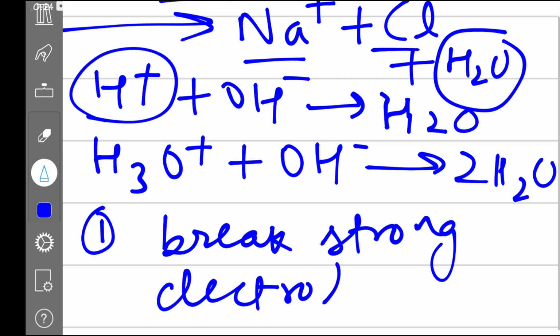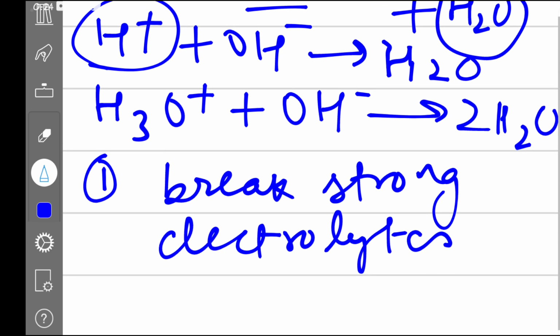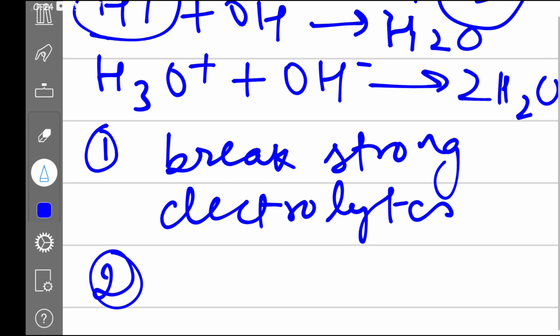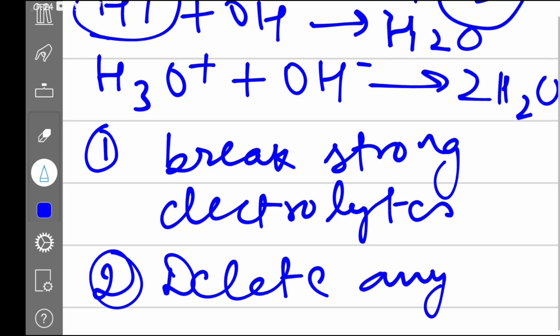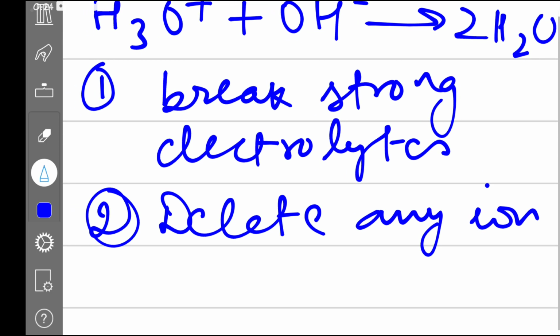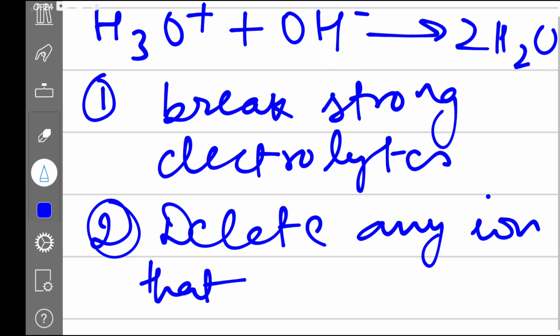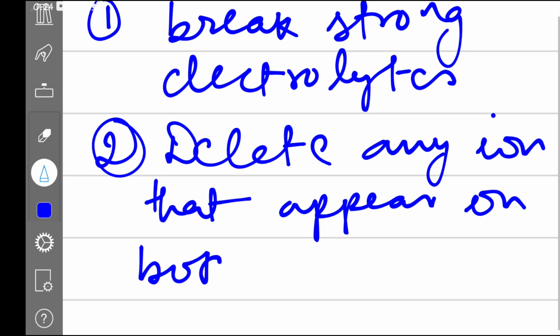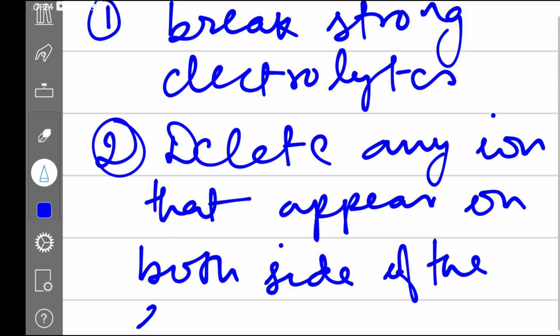And the second is delete or remove all ions that appear on both sides of the equation. Just remove all the ions that appear on both sides, like let me write first and then I'll explain.